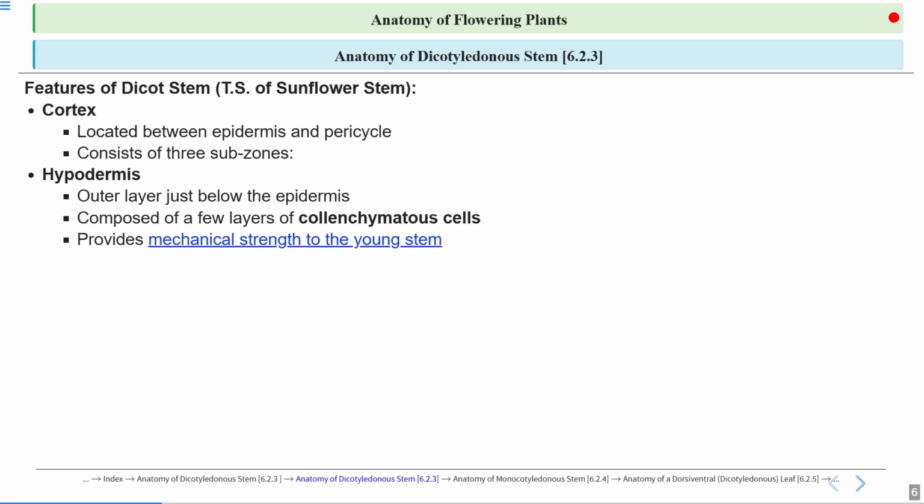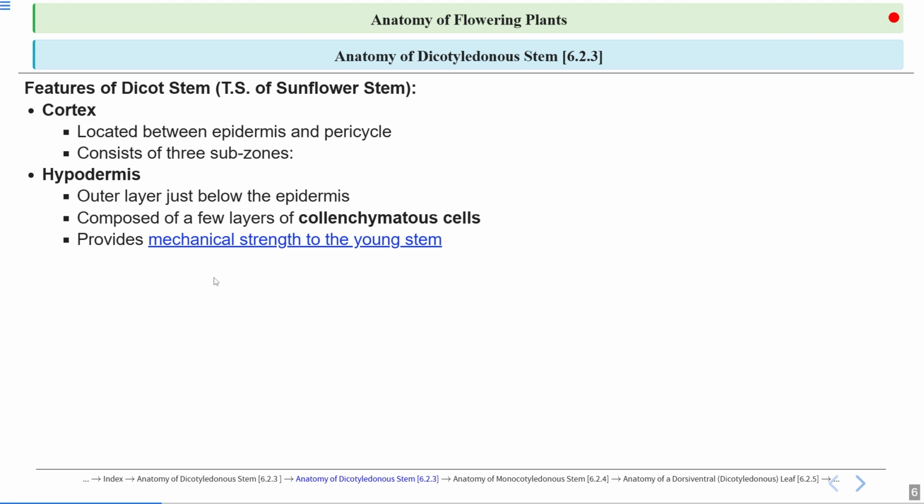This lignin substance provides stretchability and also mechanical strength to the stem, right? And they have a thick wall. Their cell wall is comparatively thicker than the parenchymatous cells. So the third point of this hypodermis: it provides mechanical strength to the young stem.